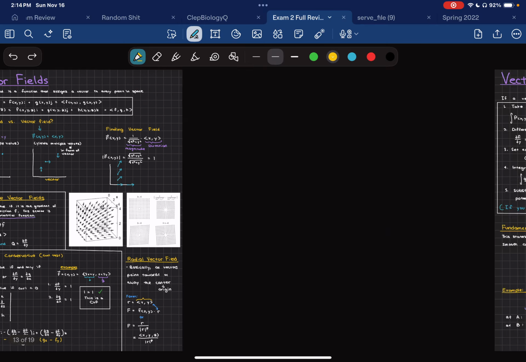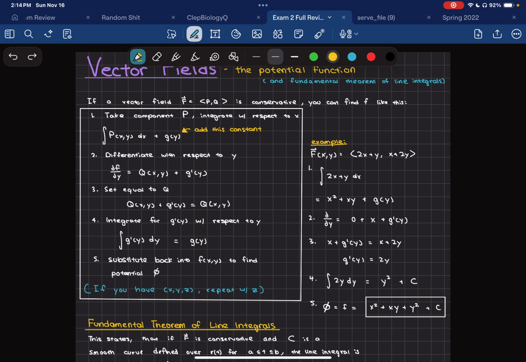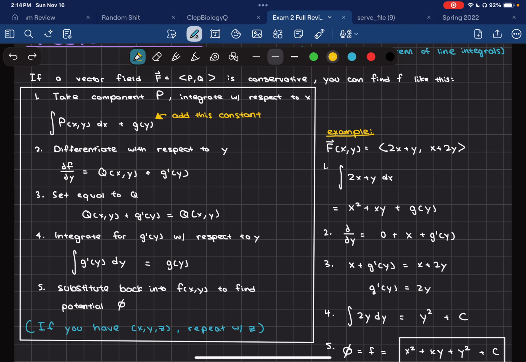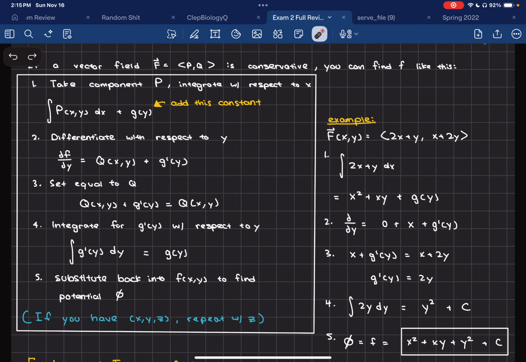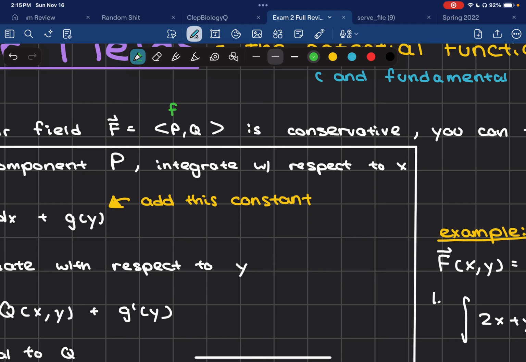Okay, vector fields, the potential function, as well as the fundamental theorem of line integrals. Now that we know that if we have a vector field that is conservative, you can find the line integral of f like this. I can try to explain it, but it is such a convoluted way to explain without any numbers that I can only go like this. Imagine this is my f, this is my g.